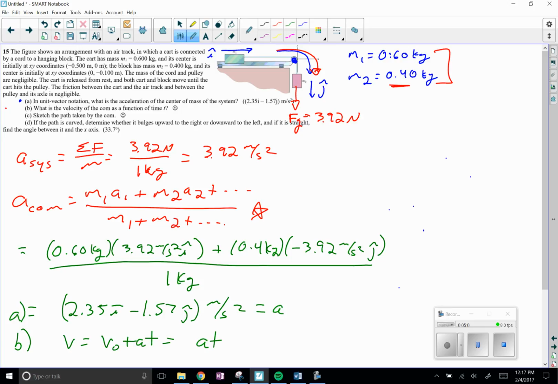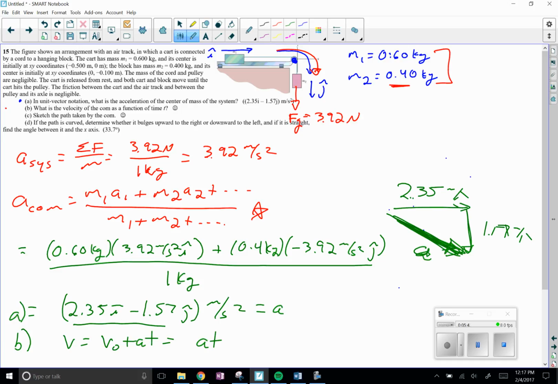Question C says sketch the path. Notice our acceleration is 2.35 this way, meters per second squared, and 1.57 meters per second squared this way, and so our overall acceleration is this way along this hypotenuse here, which I'm doing a terrible job of drawing.